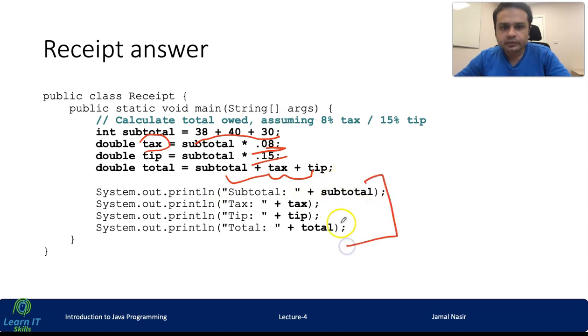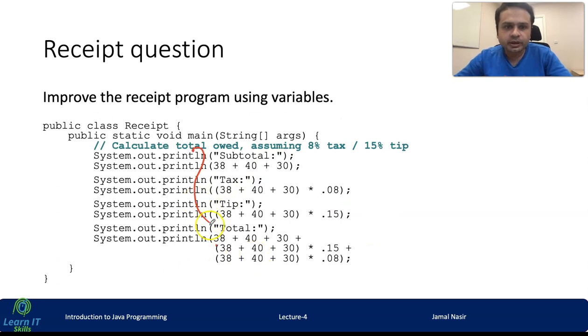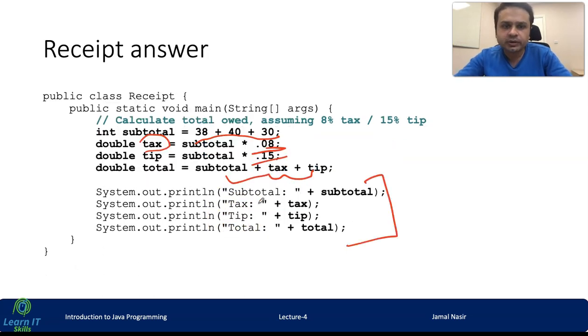You can see from here that we had so many System.out.println statements, and we were repeating this thing so many times. Instead, with the help of variables, we can write our code more efficiently, there would be fewer chances of errors, and in terms of scalability or changing our code, it would be much easier than the previous code.